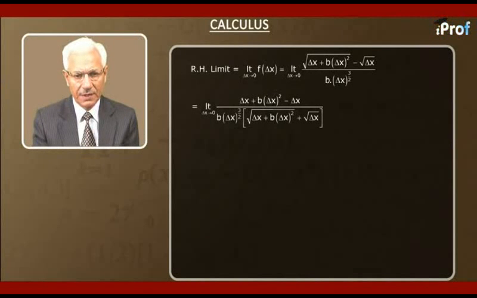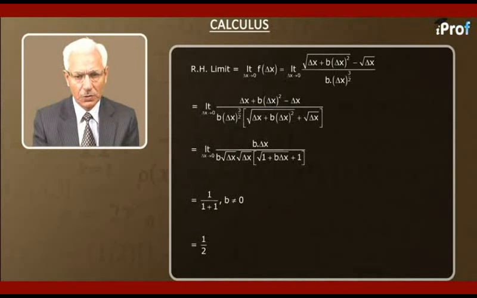Now the right-hand limit is equal to the limit as delta x tends to 0 of f(delta x), which is the limit of (sqrt(delta x + b (delta x)²) − sqrt(delta x)) over b (delta x)^(3/2). Rationalizing the numerator, we get the limit of (delta x + b (delta x)² − delta x) over b (delta x)^(3/2) into (sqrt(delta x + b (delta x)²) + sqrt(delta x)), which simplifies to b delta x over sqrt(delta x), and pulling out sqrt(delta x) common from the second expression in the denominator, we get sqrt(delta x) into (sqrt(1 + b delta x) + 1).